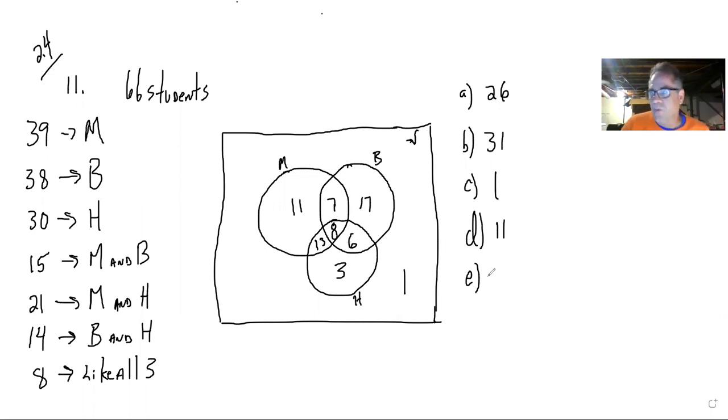I want to say it one more time because the words matter here. How many of these students like Haydn, which we know anyone inside the set H likes Haydn, and exactly one of the other two. The key word there is and. As far as set operations go, this is intersection, so they have to belong to both of those sets. They have to like Haydn and they have to like exactly one of the other two.